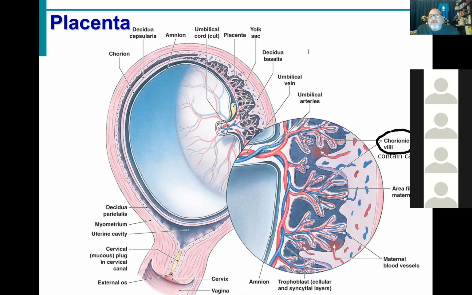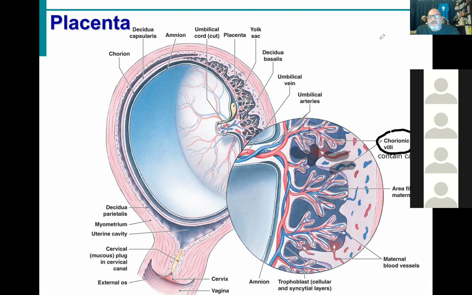And notice we also have these big, huge blood-filled spaces. And again, as I mentioned, they are fed into by the arteries and fed out of by the veins, and that is that intervillous space where the reservoir of oxygen, nutrients, hormones, and other chemical signals take place for that consistent exchange between mom and baby.